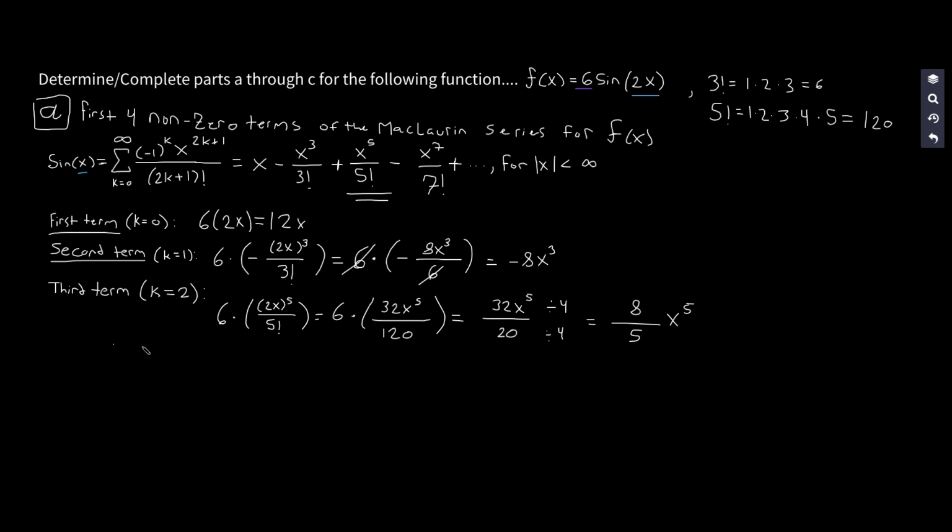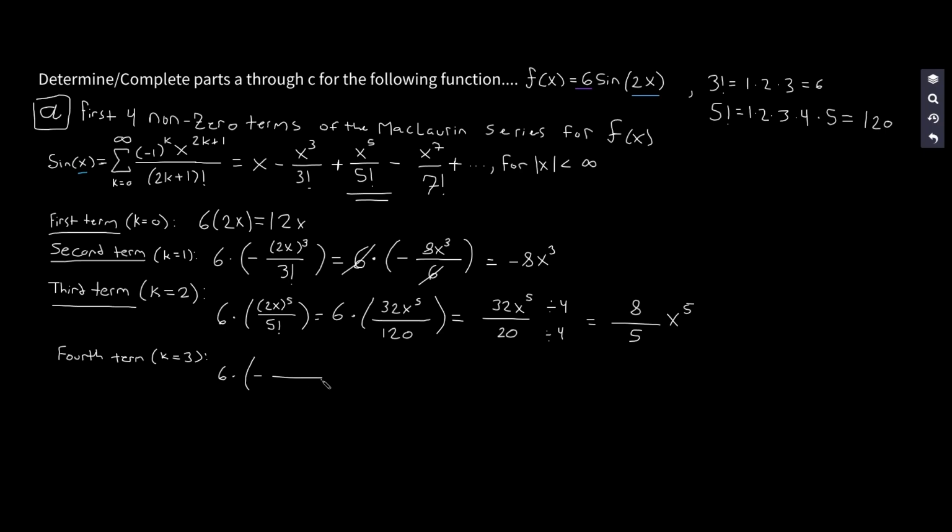Then we have to do the 4th term, which is k equals 3. So automatically multiply it by 6, due to the presence of the 6 on the outside of the sine function.